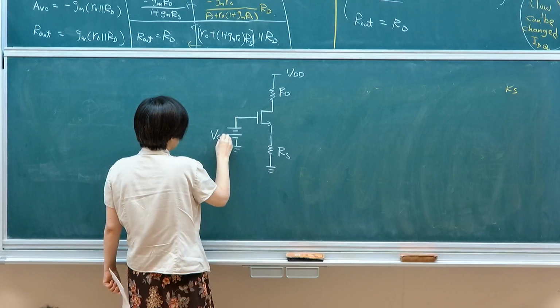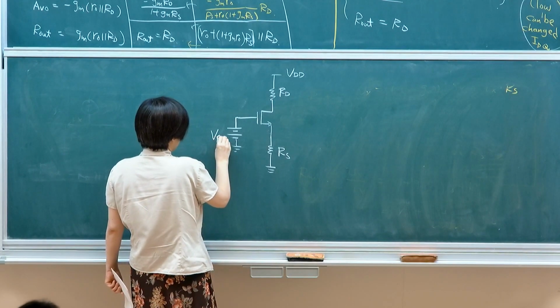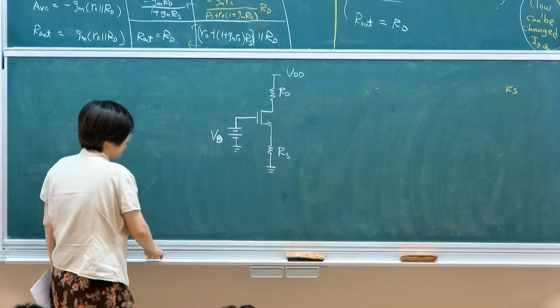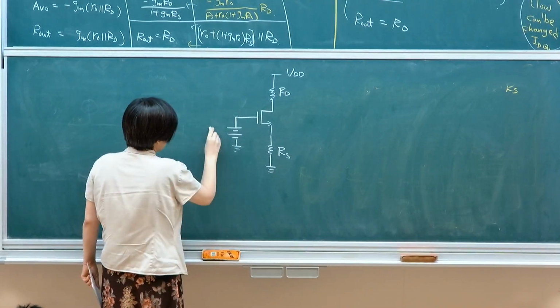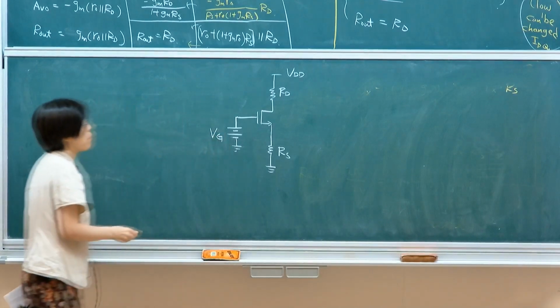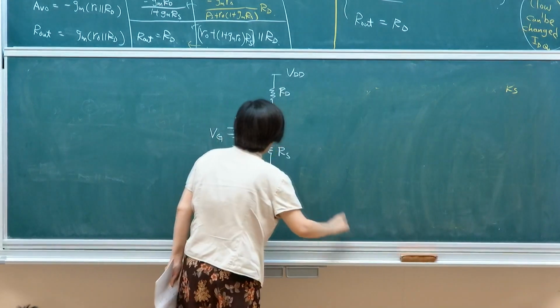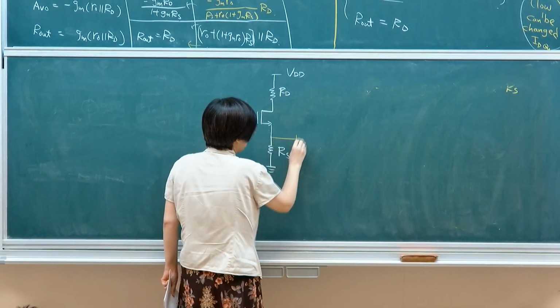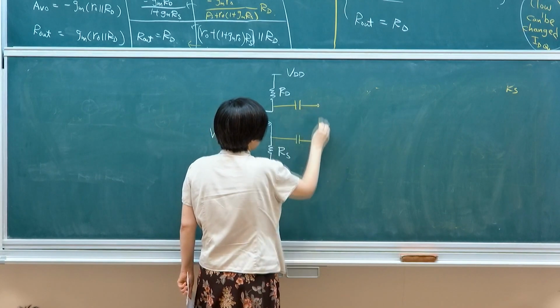This is a fixed bias voltage at this terminal. You can call it VG, it's fine. So let's say this is my input terminal. This is my output terminal.